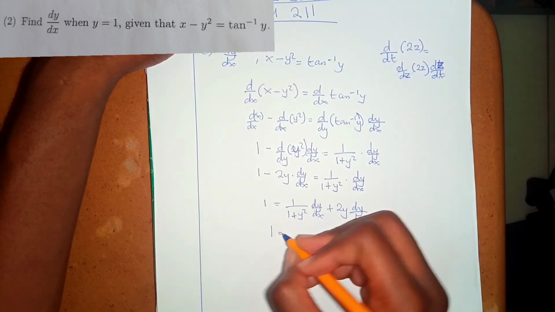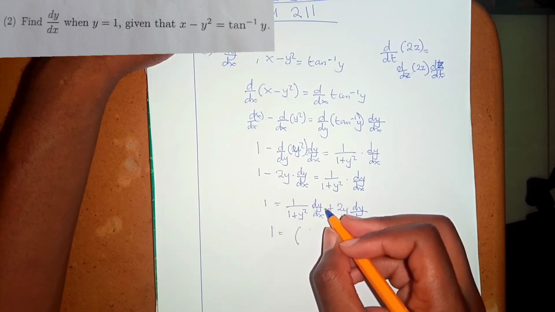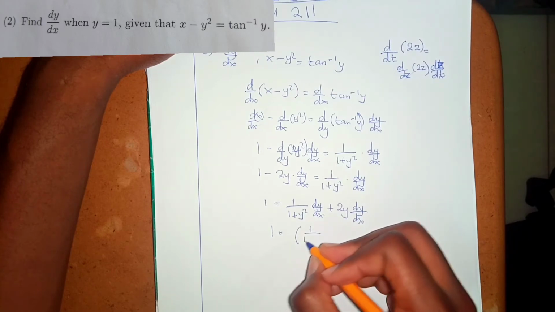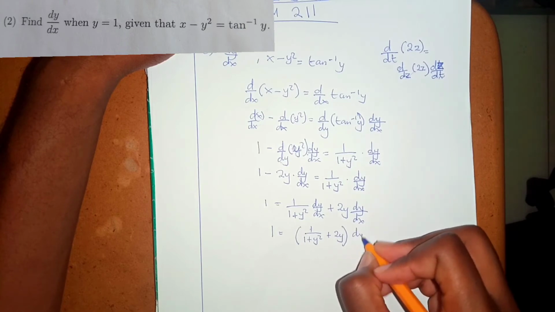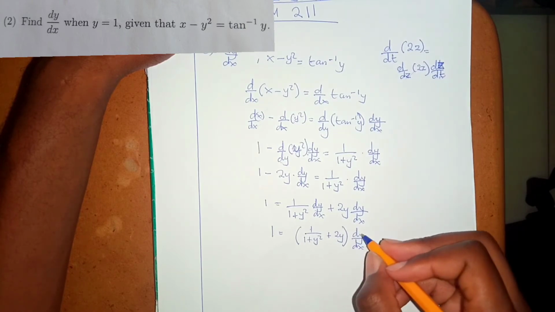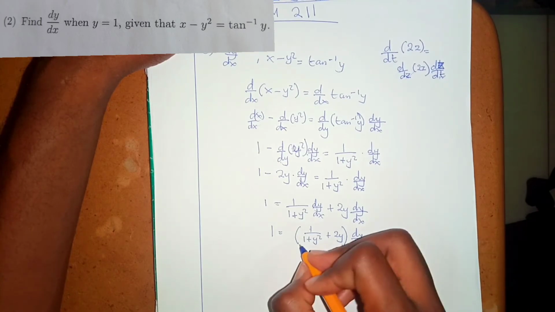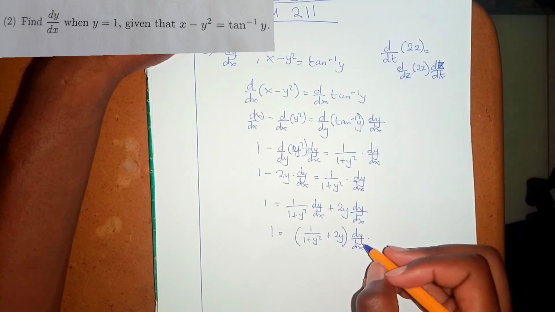Then we factor out whatever is common, which is dy over dx. So I have 1 over 1 plus y squared plus 2y, times dy by dx. You've seen how I've put the dy by dx this side, because if I put it the other side, I can treat it as an expression and then differentiate again.